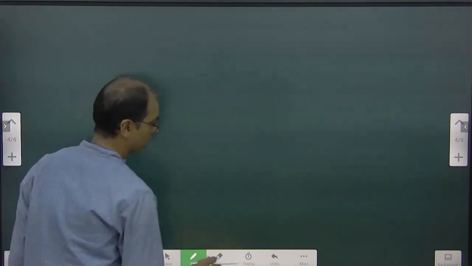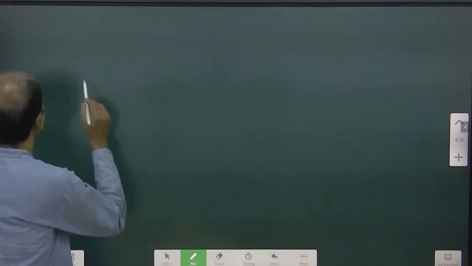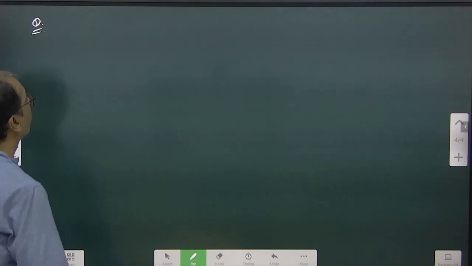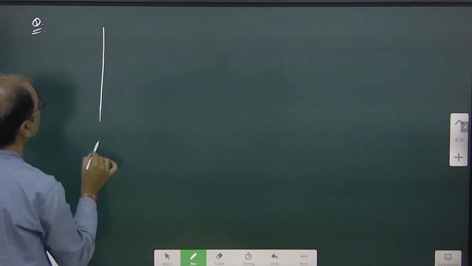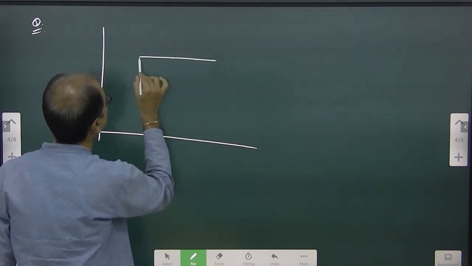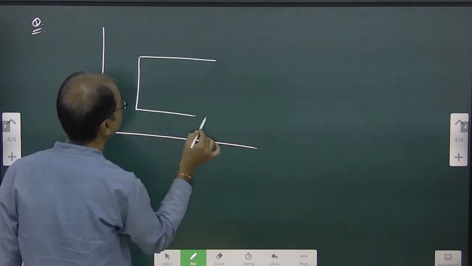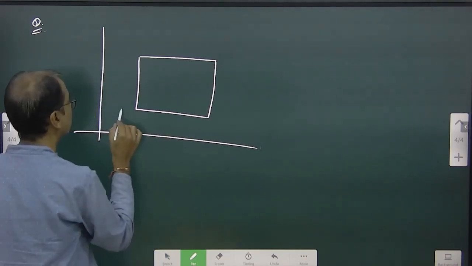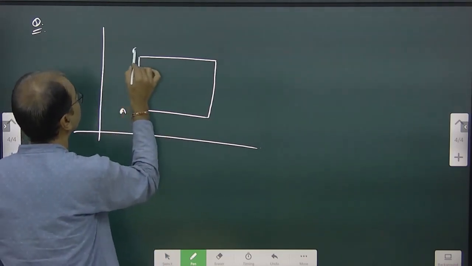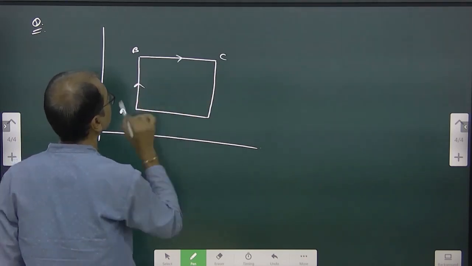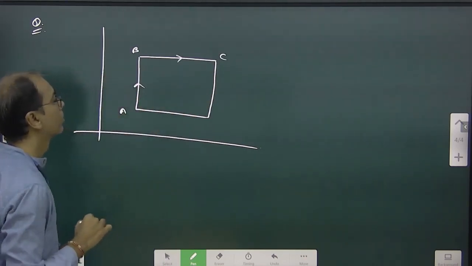Let's see another question in the graph only. Okay. Question is something like this. Okay. This is A, B, C. Okay.